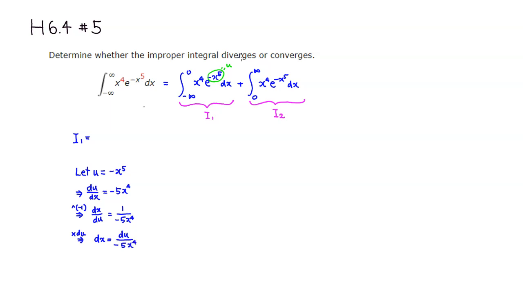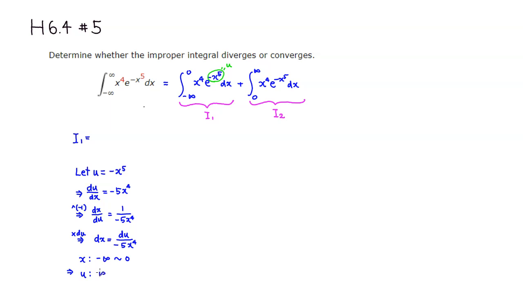Let's rewrite this integral. Actually, before we do that, I have to convert the limits. x is going from negative infinity to 0, so we convert this to a corresponding u value. If you plug in negative infinity, negative infinity to the fifth is still negative infinity, but there's a negative sign in front that makes it positive infinity.